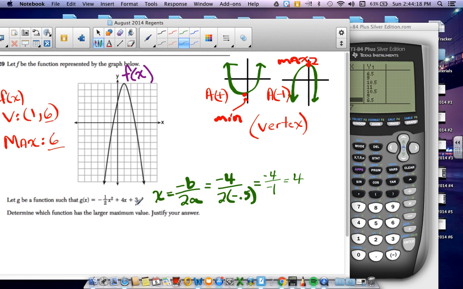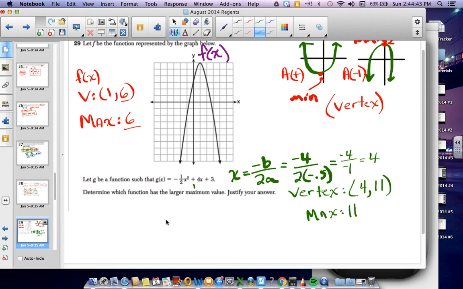So for g of x, there's a vertex of (4, 11). Now what's the actual maximum value here? We said earlier the maximum is the y value that goes along with that vertex. So here the maximum value is 11.